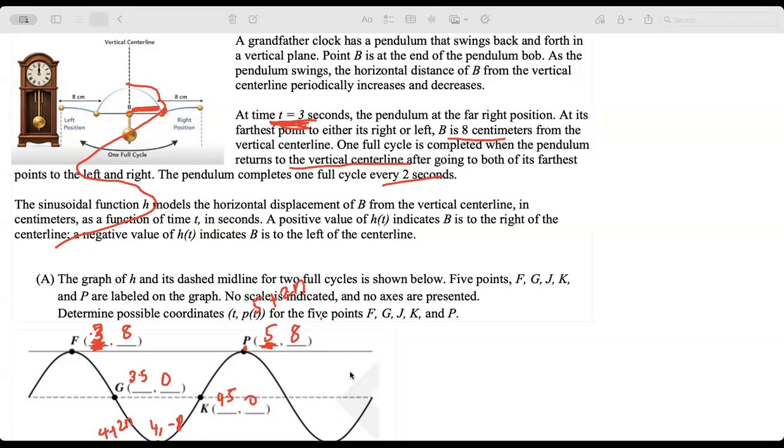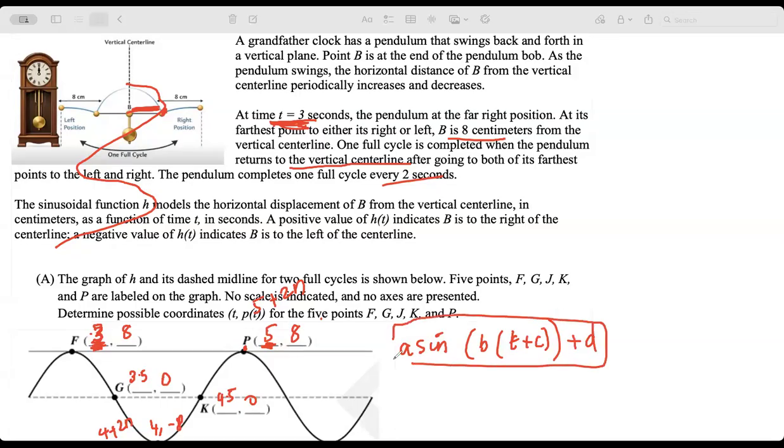Now you tell me how will you write it as a sine curve this time. A sine b t plus c plus d. Can we try this one?